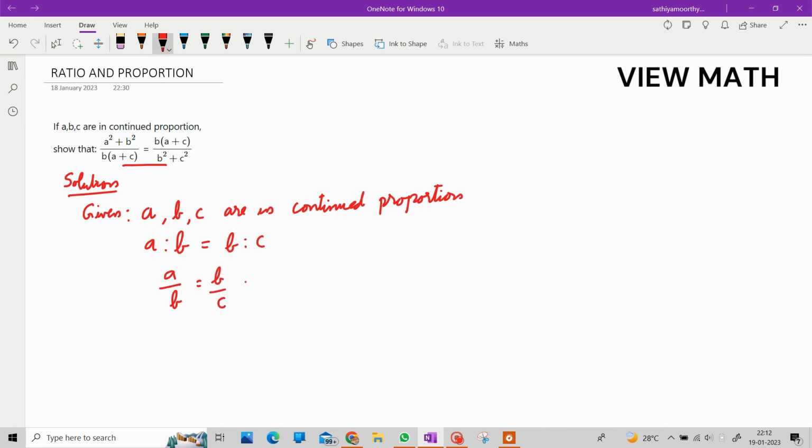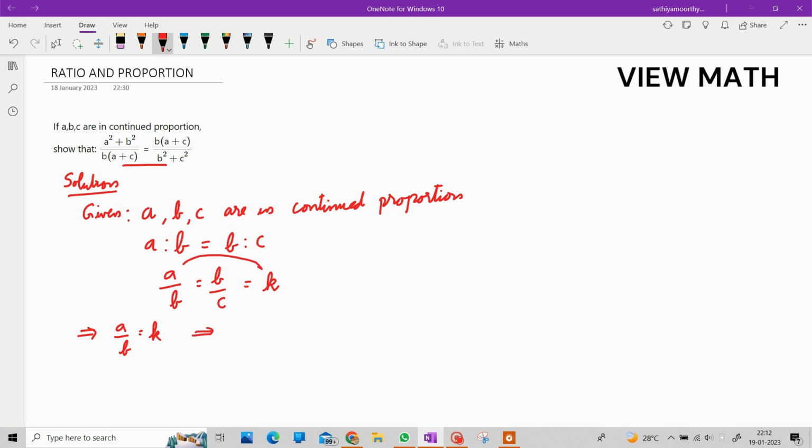So this is equal to some constant. I am going to equate it to some constant k. So this implies a by b is equal to k.